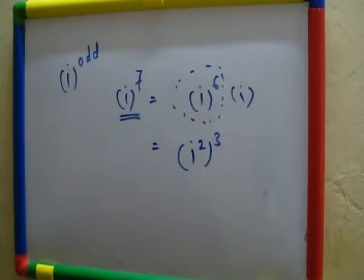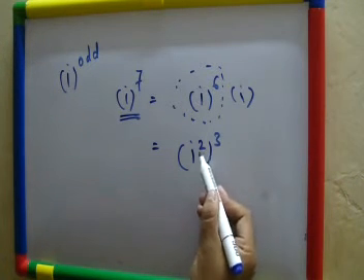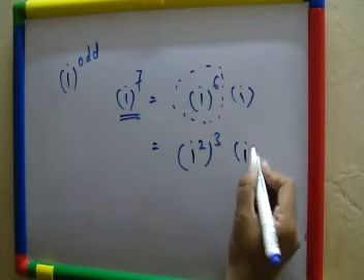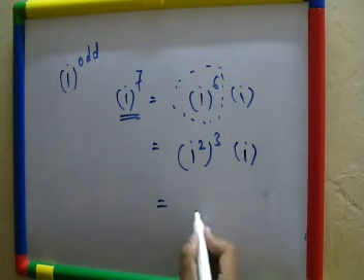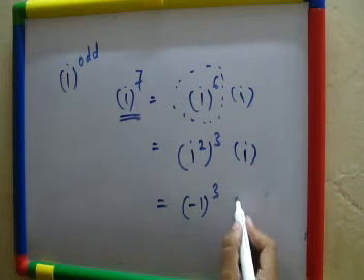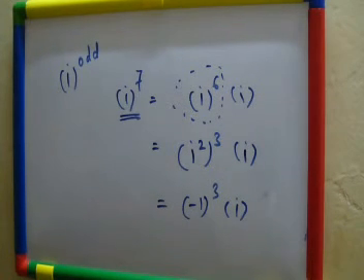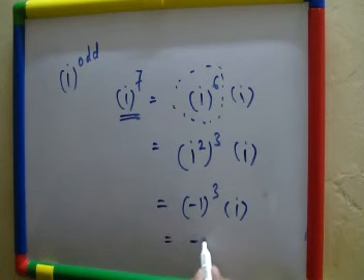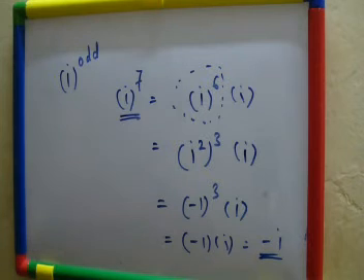It can also be written as i cube raised to 2, but I want this square within the bracket, into i, which is equal to minus 1 cube into i. Minus 1 raised to an odd power is always minus 1, into i, hence it is minus i.